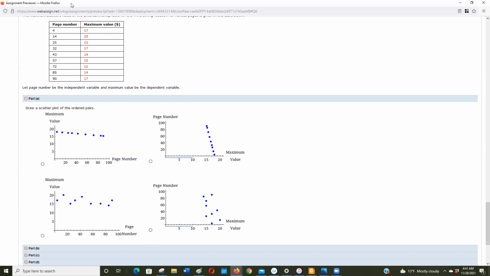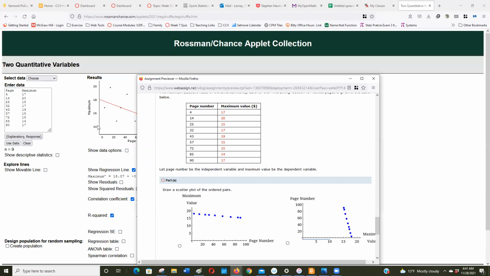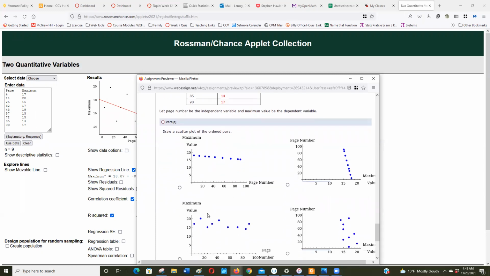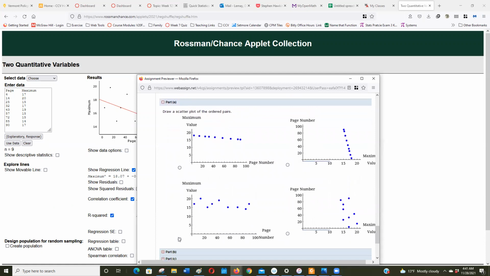So see, the difference is the scale they're using. See how the scale goes down from 14, or I guess what's the lowest? The lowest value is 14 up to 20, and they're giving us from 0 up. So I'm going to guess that one. I could go back and tweak it.